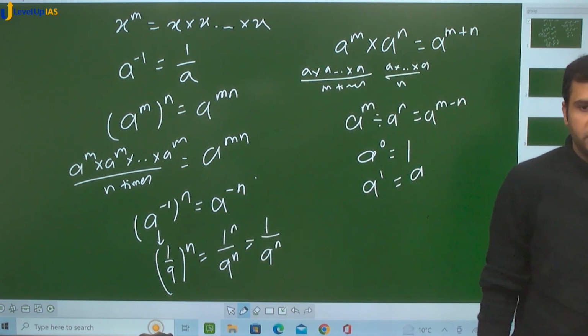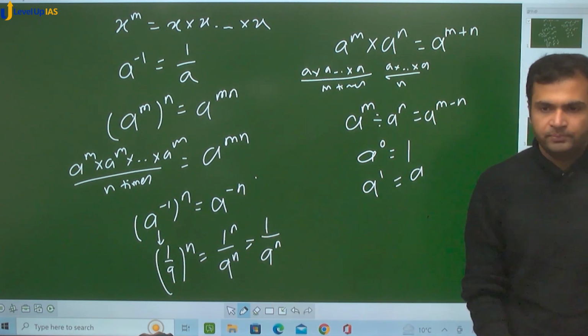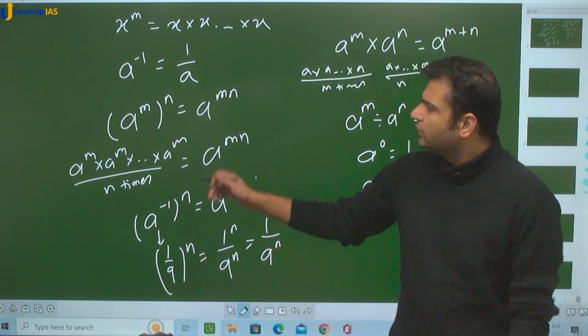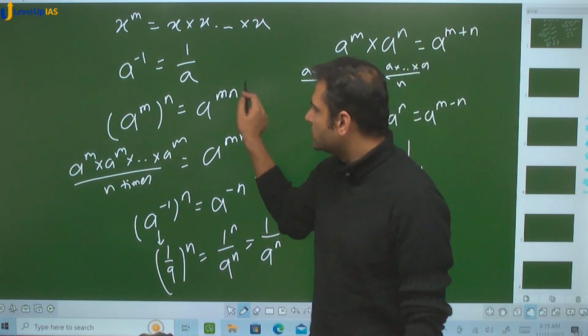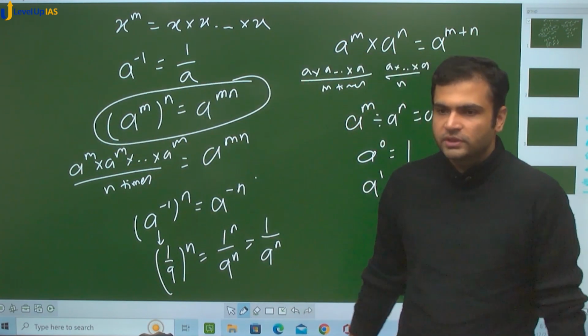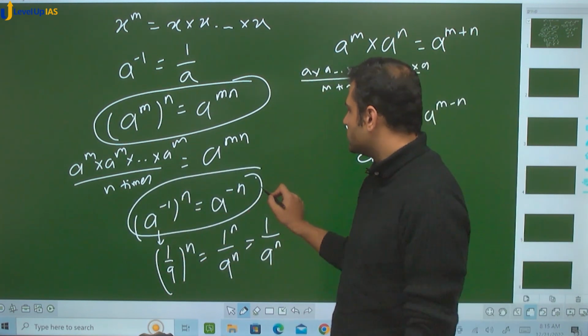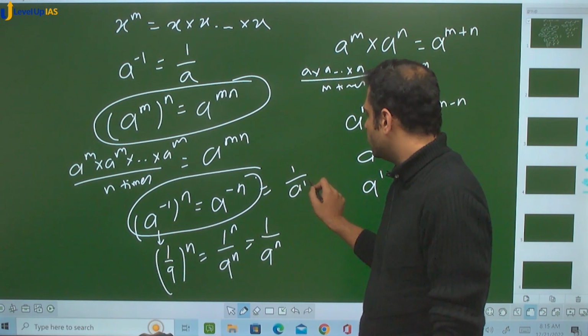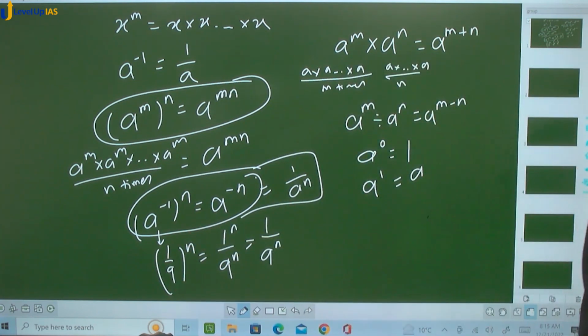It doesn't matter how many times you want to multiply 1 or take the root of 1, it's just 1. Even if you don't remember how we are arriving at this, at least remember the result. The result is equal to 1 by a raised to n.